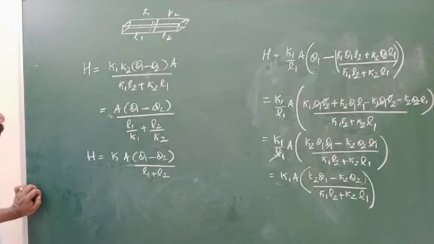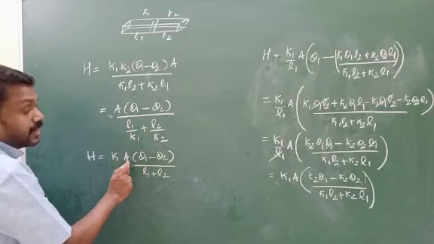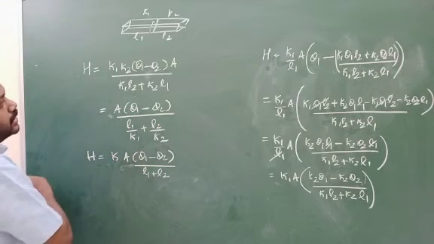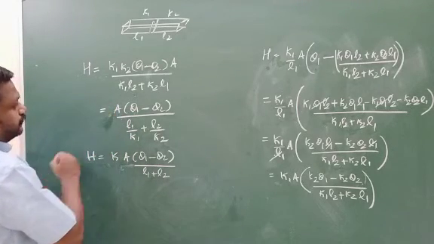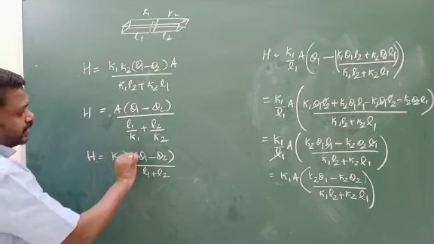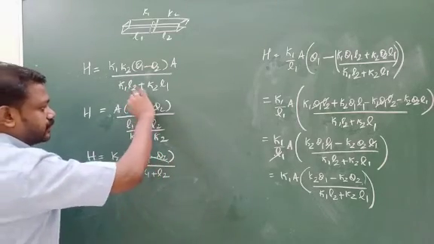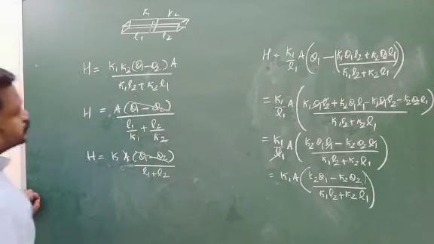So comparing that equation here, when this is H and this is also the same H, A and A cancel, and theta 1 minus theta 2 and theta 1 minus theta 2 cancel.